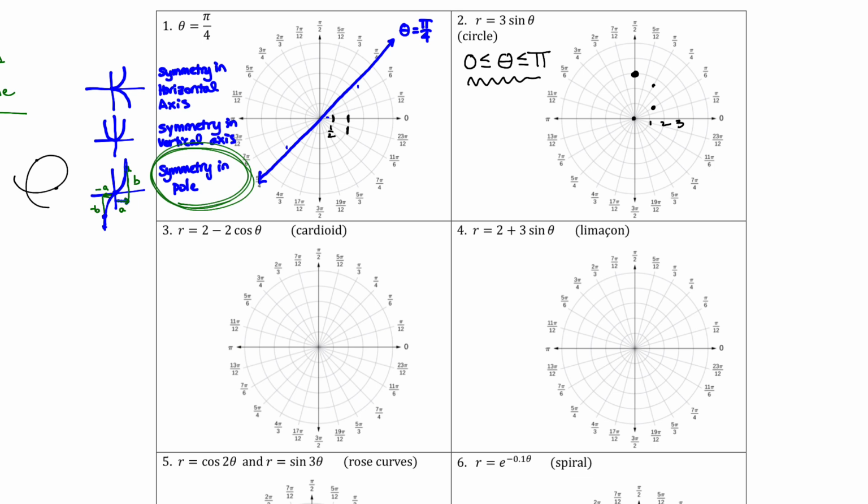So when you're plotting these points, you're using two references, your angle and your radius, okay? And that's what you're putting together to get your values. And this restriction tells me the interval needed to traverse the curve one time.